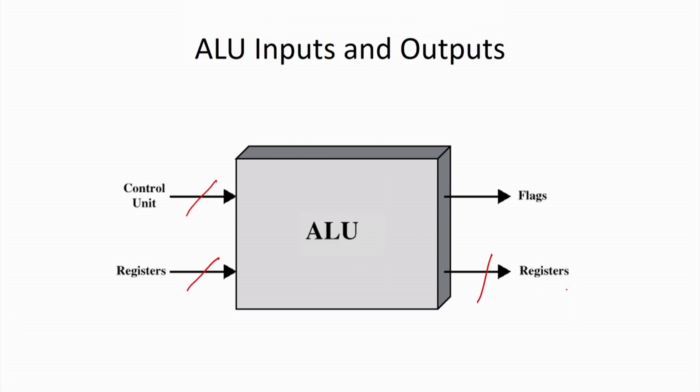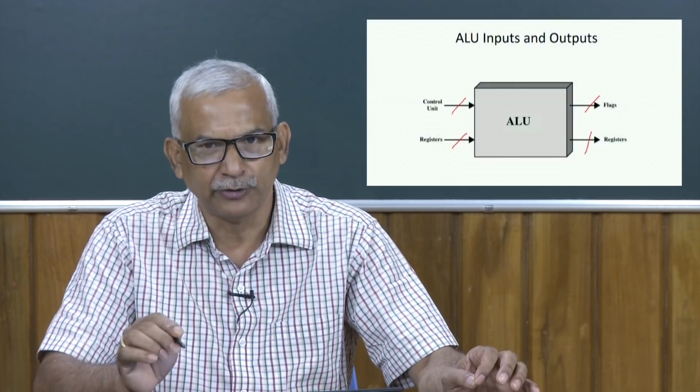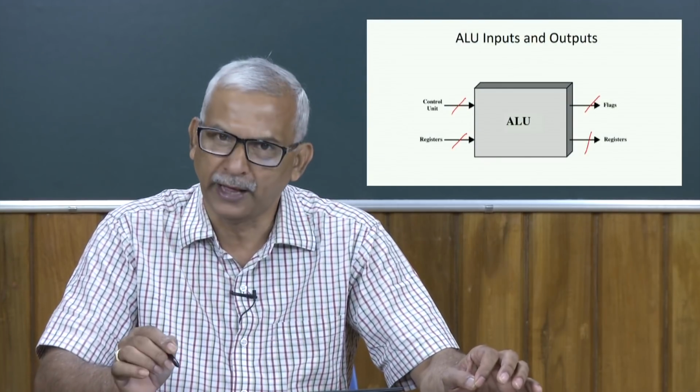I have mentioned that depending on the result, it is going to send some of the flag bits. After performing some operation, if overflow occurs, then that overflow bit will be set by those particular signals. So, some flag signals will also come out from the ALU, and according to the status of those signals, we are going to set or reset those flag bits.